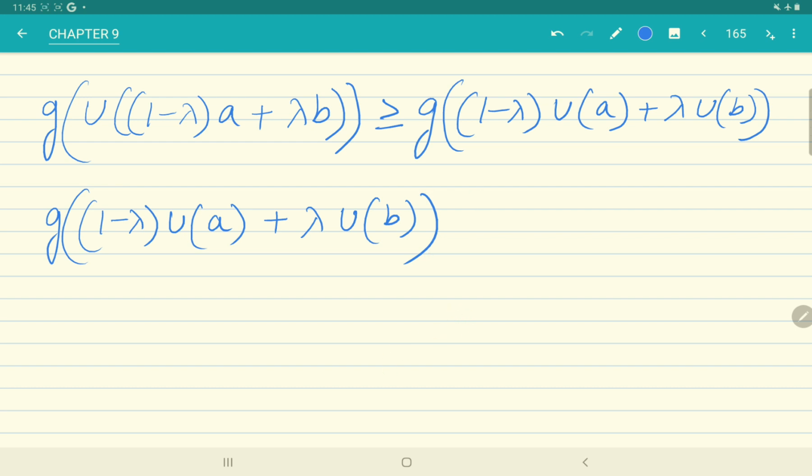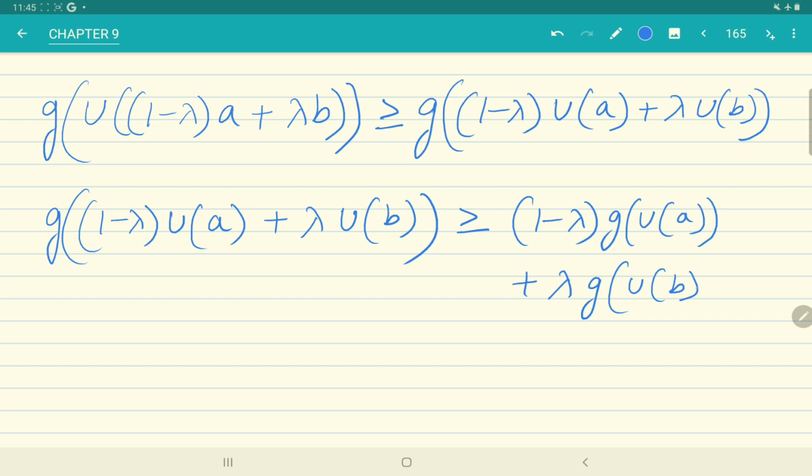I know that g is concave, so this has to be greater than or equal to 1 minus lambda g of u of a plus lambda g of u of b.